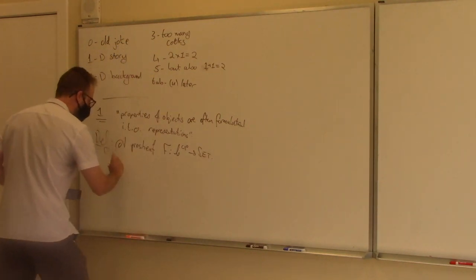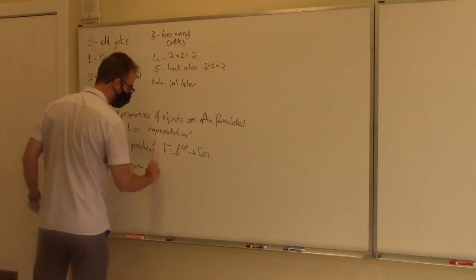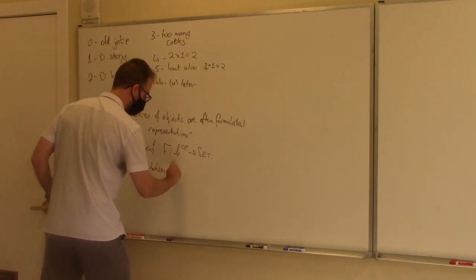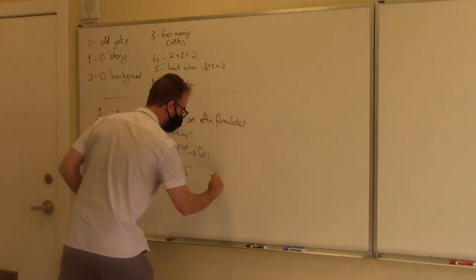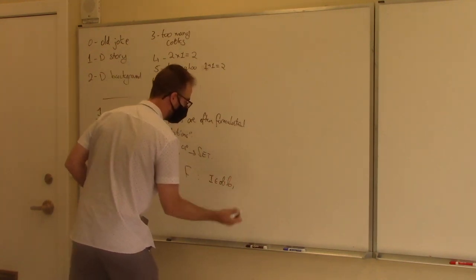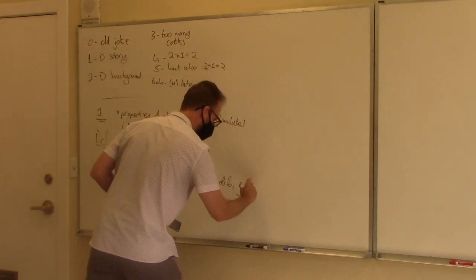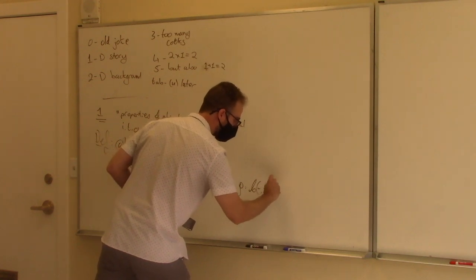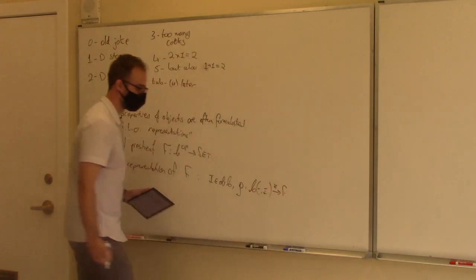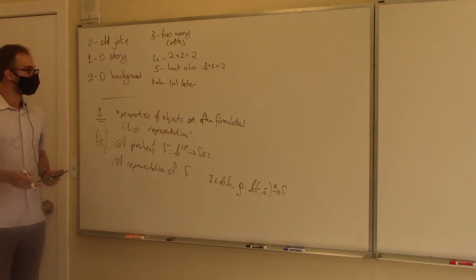And by a representation of a presheaf, I mean a pair of an object I in the category, and a natural isomorphism rho, let's see which way I decided, from the hom into that thing to F. And hopefully this feels a bit familiar.